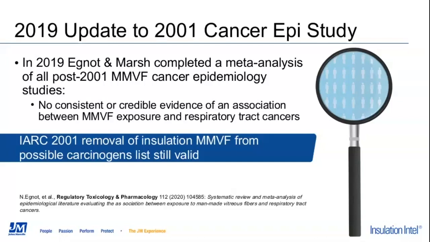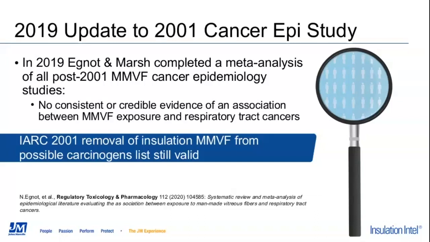And you can see down in the fine print on that slide a reference to this study. It will be published shortly in the prestigious peer-reviewed journal, Regulatory Toxicology and Pharmacology. It may already be up, but it was supposed to be published in the April edition of Regulatory Tox and Pharm.